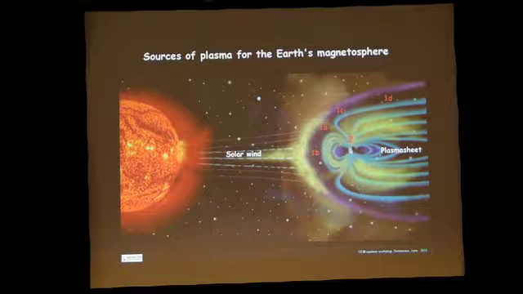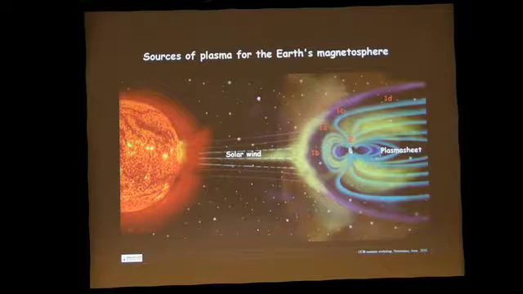So, Rick Chappell already mentioned some of the motivation for studying cold plasma. It is an important source of plasma for our magnetosphere, in addition to the solar wind. So solar wind can come either via dayside reconnection, direct entry via the cusp, we can have high latitude reconnection, and of course along the flanks.